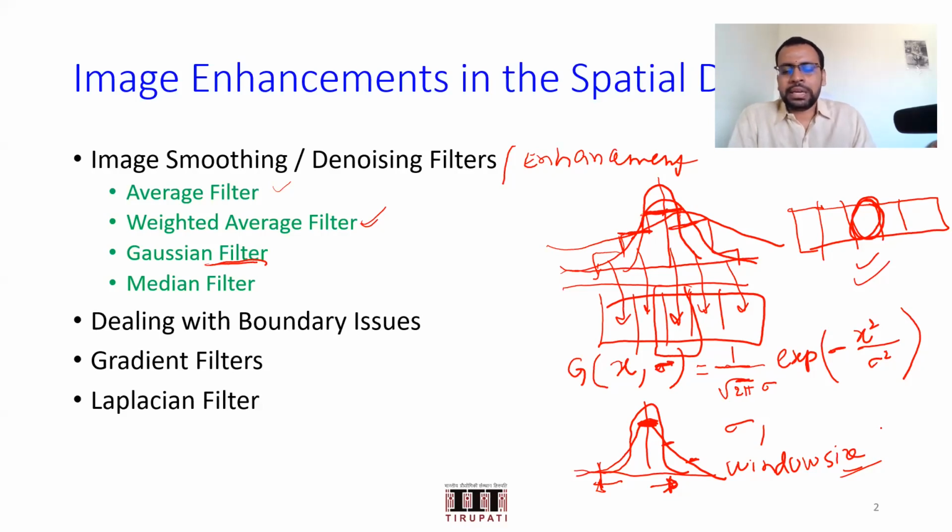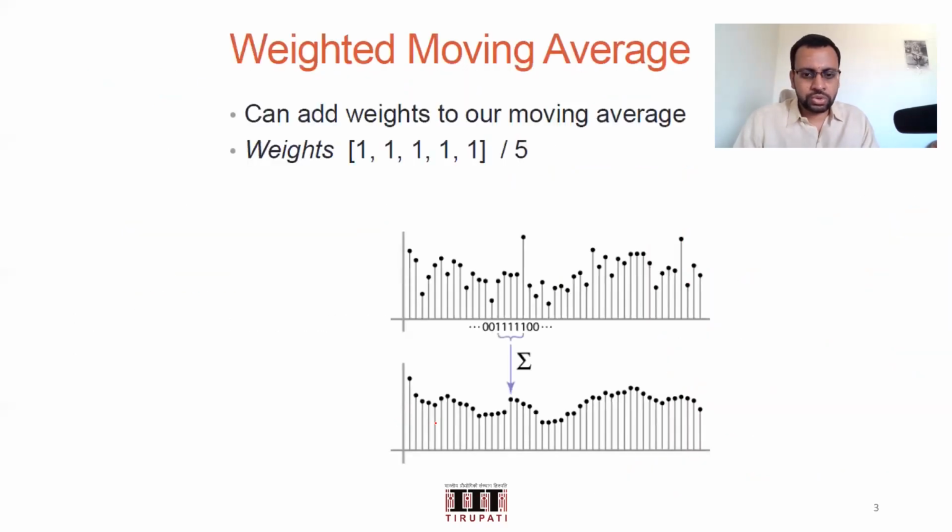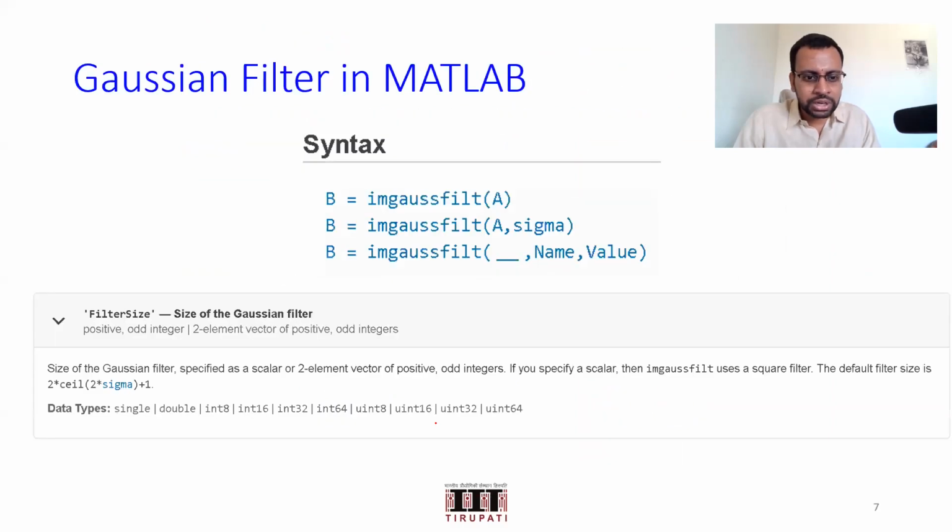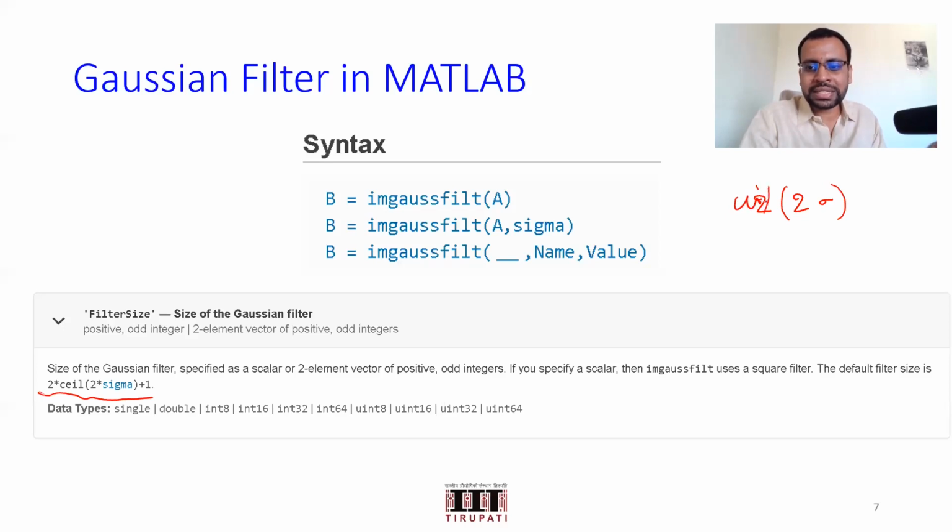A typical rule of thumb for doing this is 2 times sigma plus 1. If you don't mention anything, by default most of the tools will take 2 times 2 sigma, if I am not wrong, taken as the ceiling value, 2 times ceil of that plus 1. What does that mean?